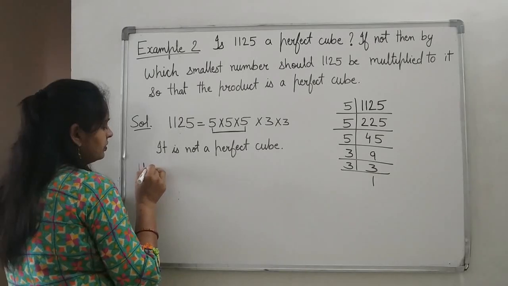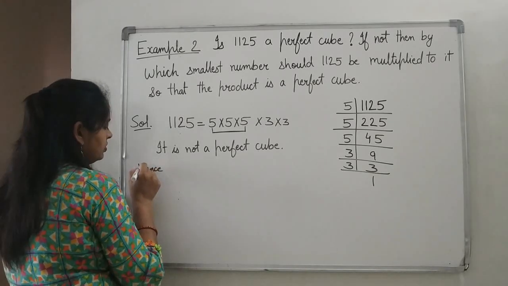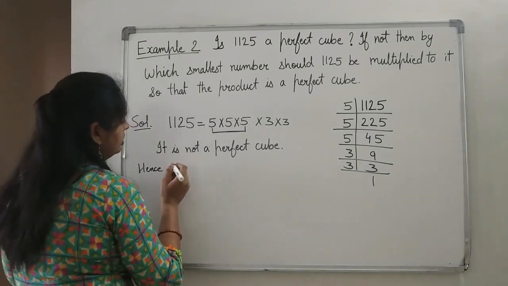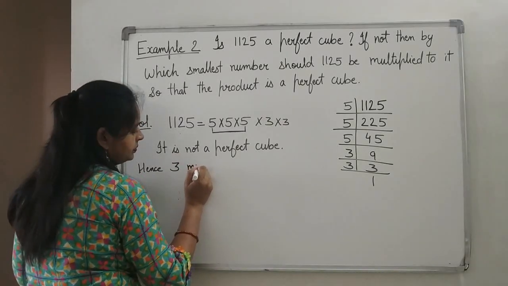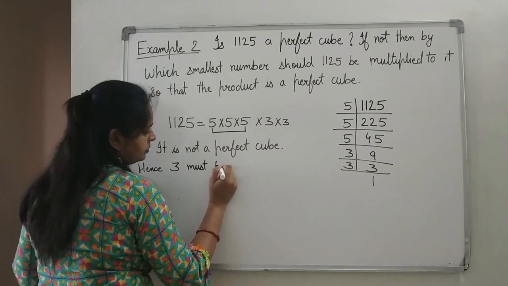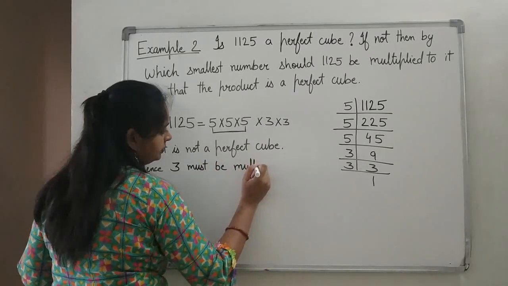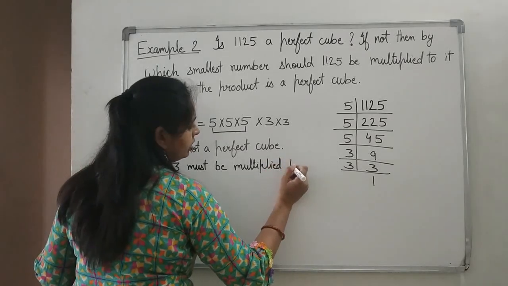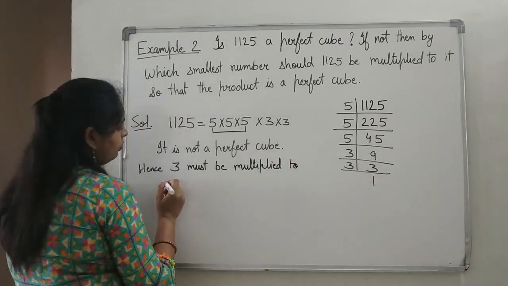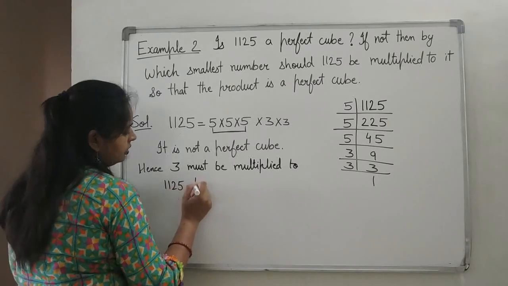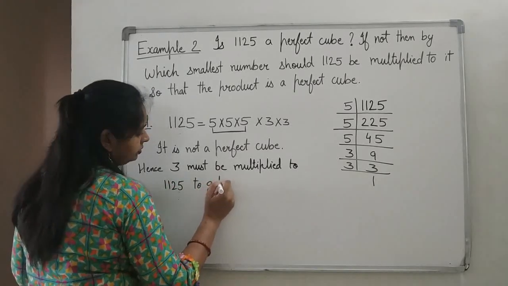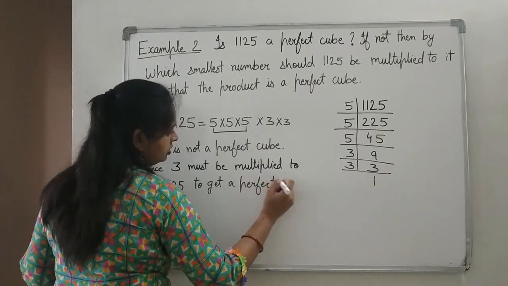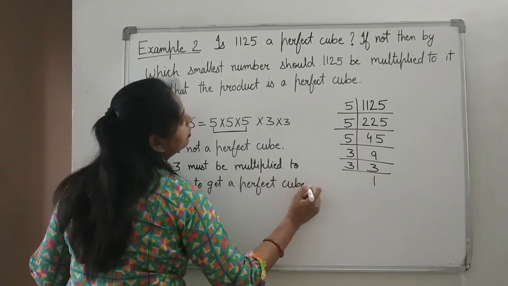Hence, 3 must be multiplied to 1125 to get a perfect cube.